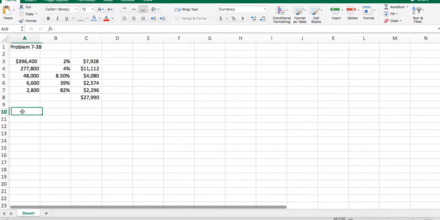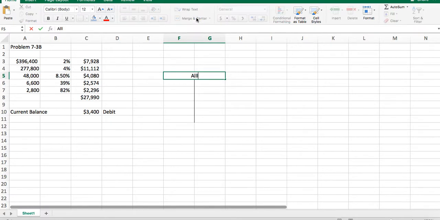Now, as we saw in the previous problem, the current balance in our allowance account is given to us in the problem, and it's $3,400, and that's a debit balance. If I can do a T account over here, I might be able to show this to you a little easier. This is our allowance for doubtful accounts, and it normally has a credit balance, keep that in mind.